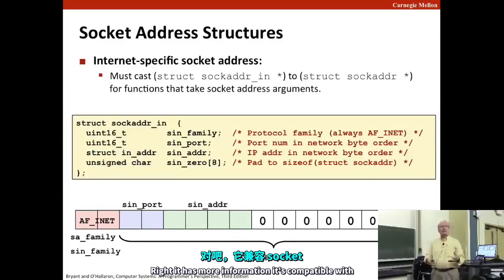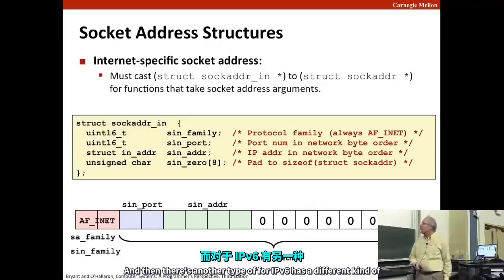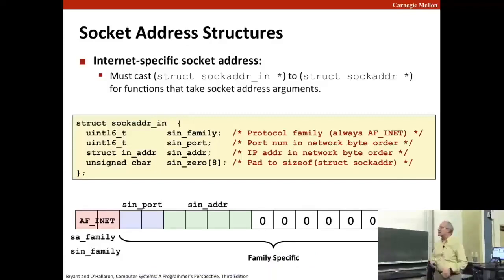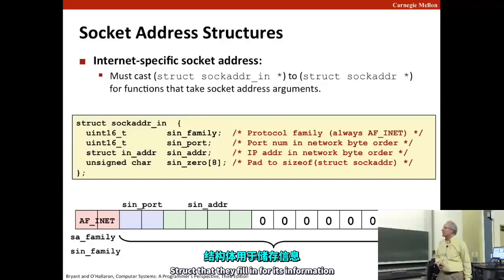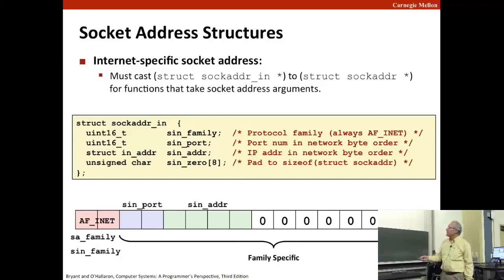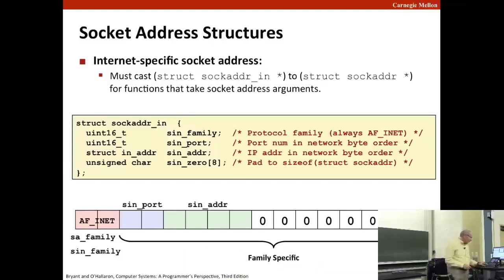It has more information, and it's compatible with a sockaddr. And then for IPv6 there's a different kind of struct that they fill in for its information. And then they pad it out with 8 bytes of zeros, just because this particular protocol doesn't require the full 16 bytes.